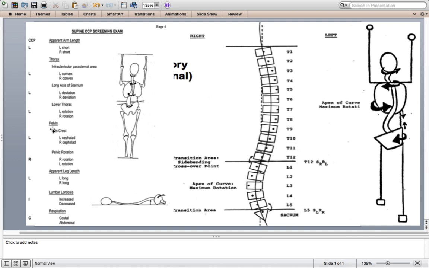So then you come down to the pelvis, and I like doing the rotation first. So if you remember that, once again, left, right, left, right, in those 4 different transitional areas, you'll remember that the pelvic rotation is going to be rotated to the right. So with type 1 mechanics, what happens when you rotate to the right?